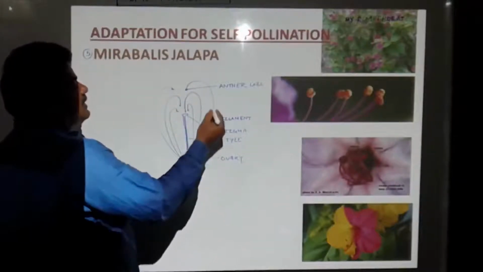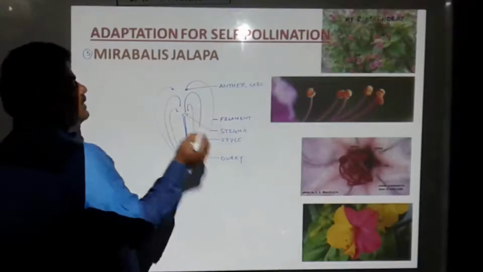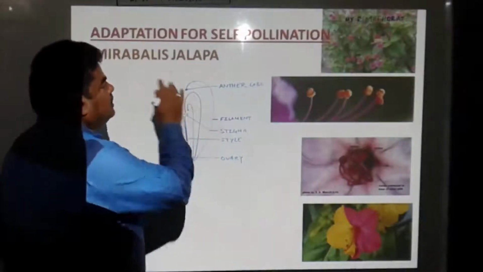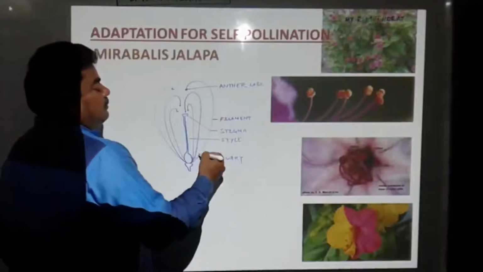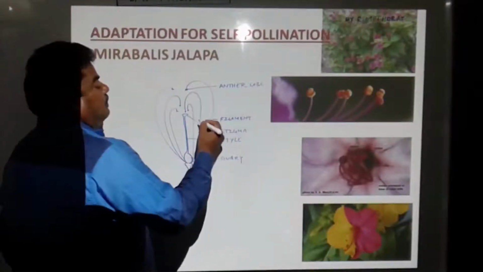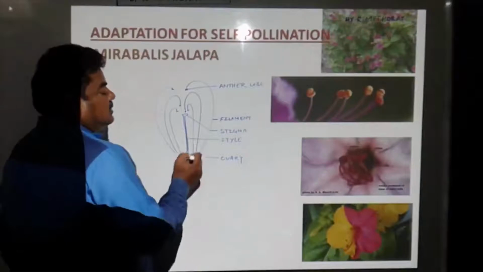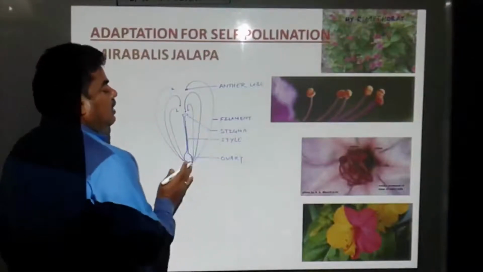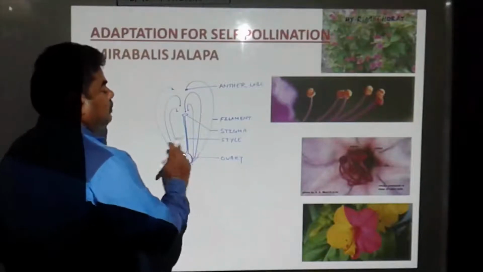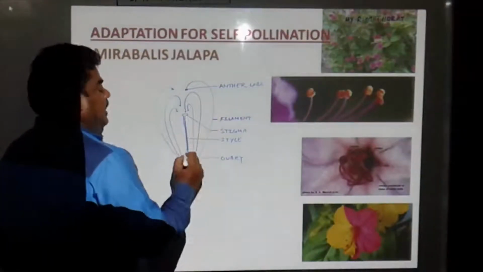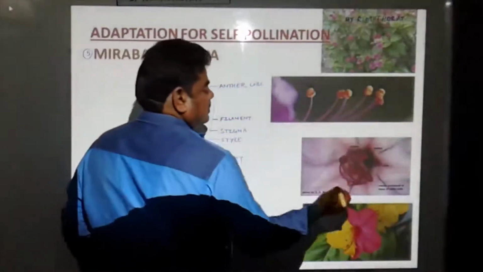We call them stamens, or collectively we call it an androecium. In case of Mirabilis jalapa, the length of the filament is very long, longer than the style. And when these anthers, or what do we call them?